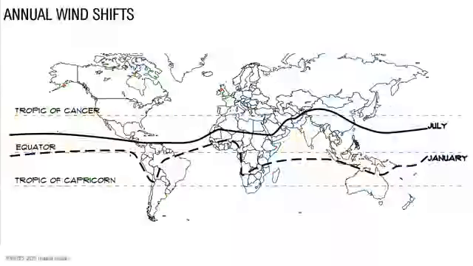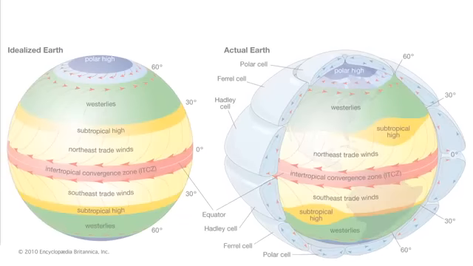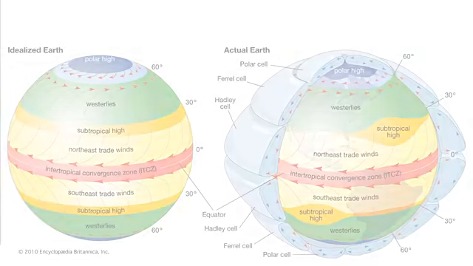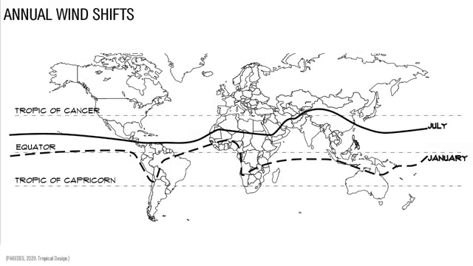Okay, so since the atmosphere is fluid, the annual wind shifts its direction. In July, the solid line is the direction of the wind, and in January, this is the direction of the wind.